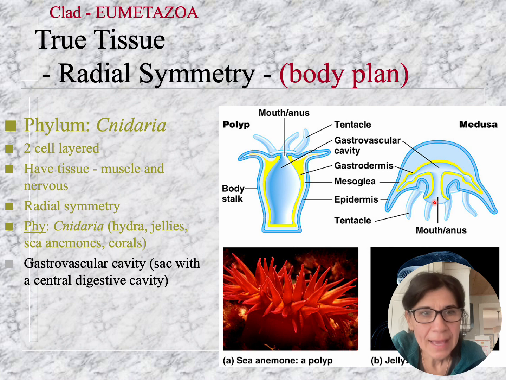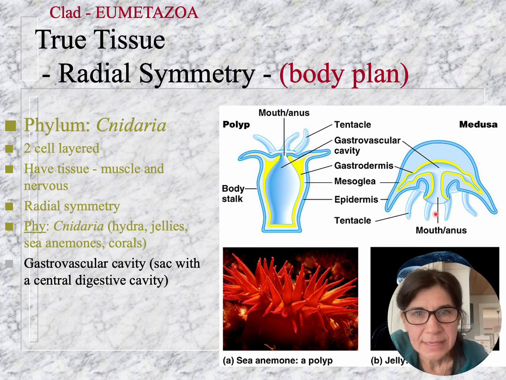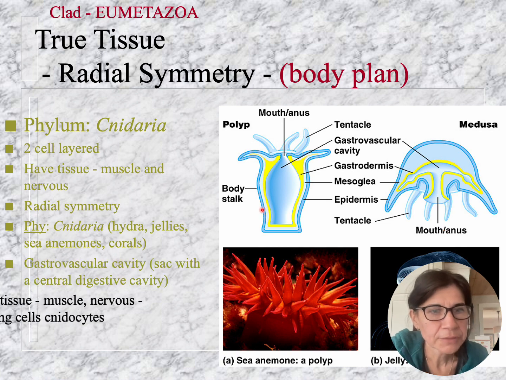So remember, the gastrovascular cavity is a sac of a digestive system, right? And so inside here, they have only one opening. Their one opening is both the mouth and the anus, right? And so material goes into their gastrovascular cavity and then comes out in the same way. Not super efficient, right? But that's how they function.